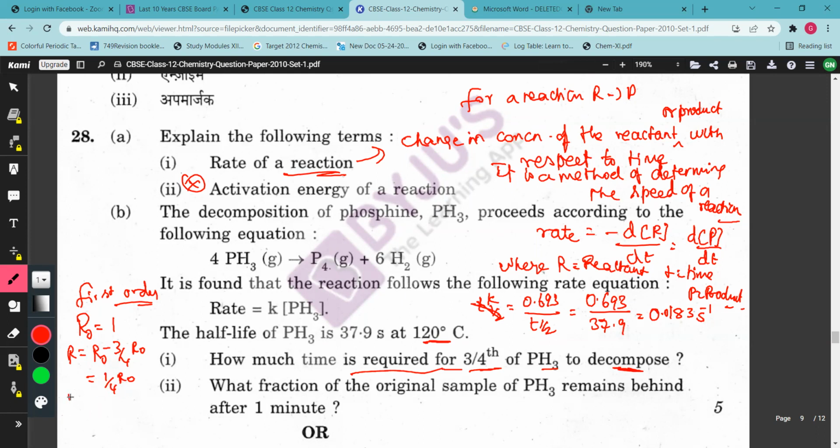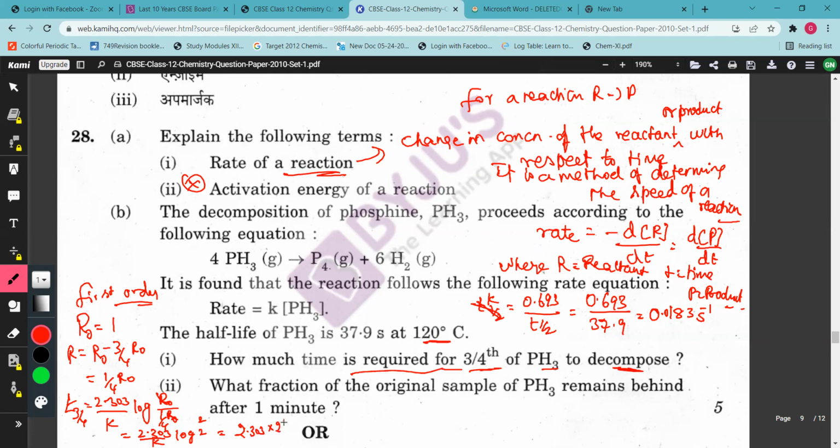So use this expression. The time required for 3/4, T 3/4, is 2.303 by K log of R naught by 1/4 R naught. R naught cancels, 4 goes up. So this will become 2.303 by K log 2 squared, which becomes 2 log 2.